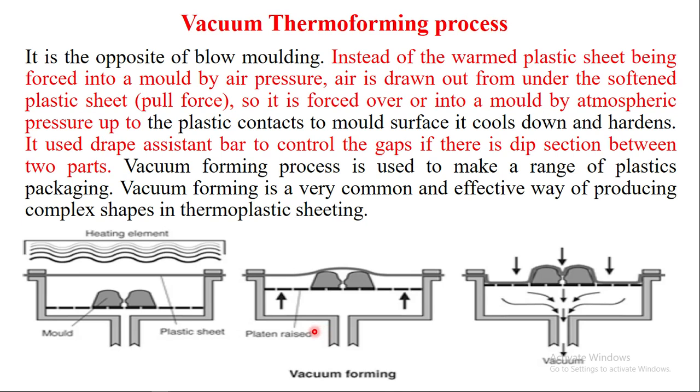Then comes suction. After that, we draw air, removing the existing air by pulling force. So when we are pulling, the plastic sheet takes this shape, and we can get such shapes. It is the opposite of the blow forming process.